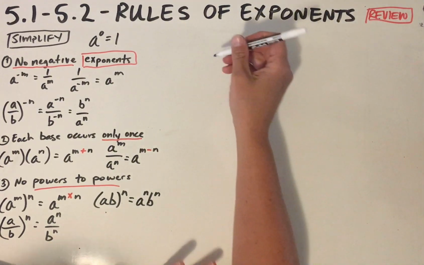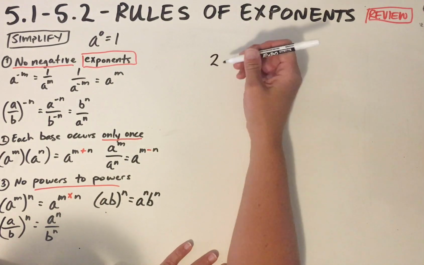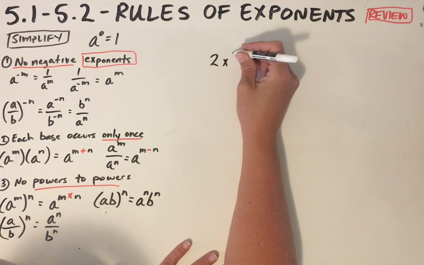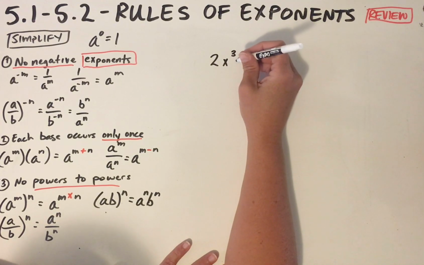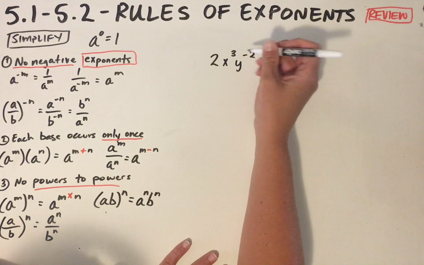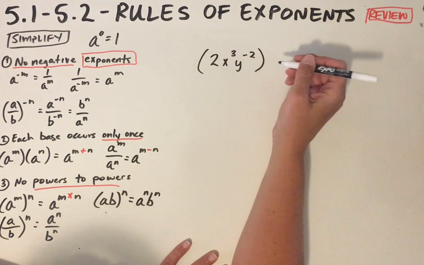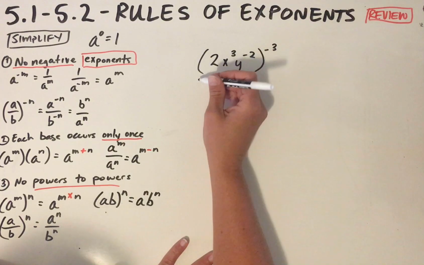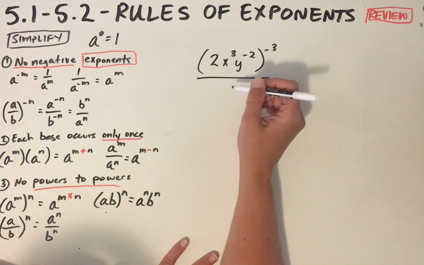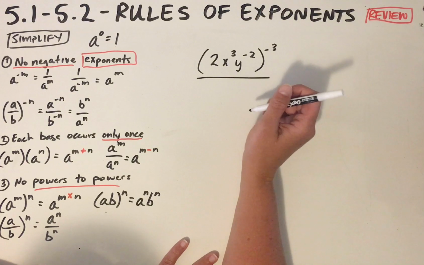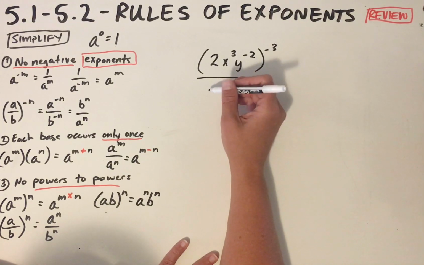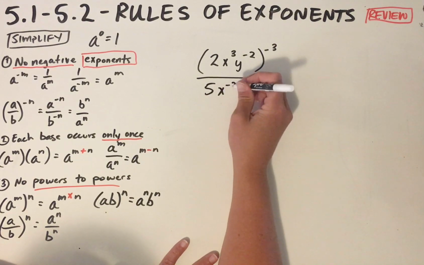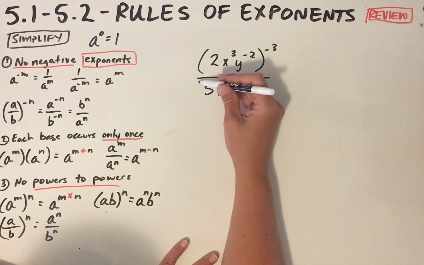So say I've got 2x cubed y to the negative 2, all of these being raised to the negative 3, and I'm going to write that over 5x to the negative 2 y.